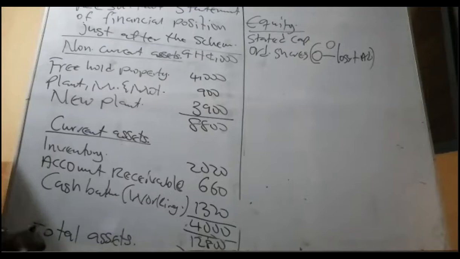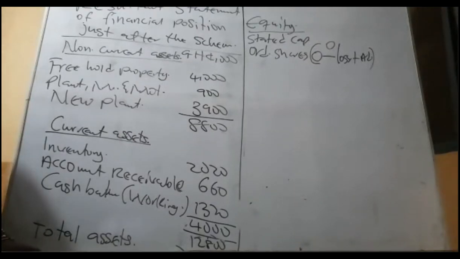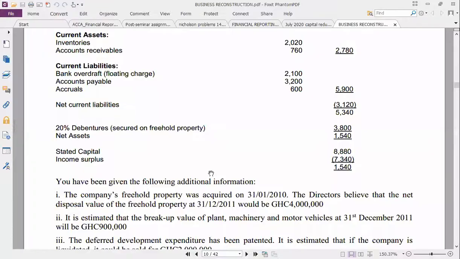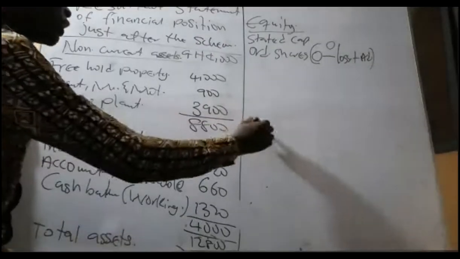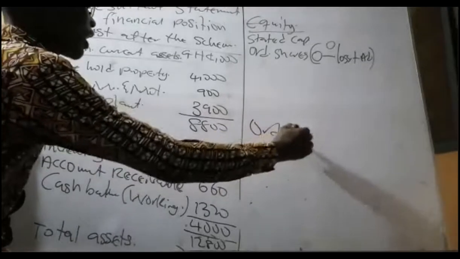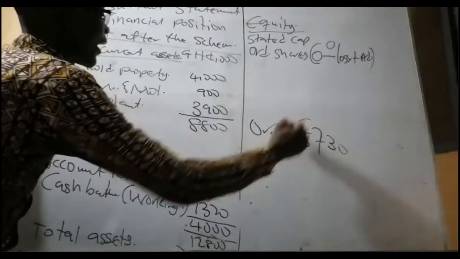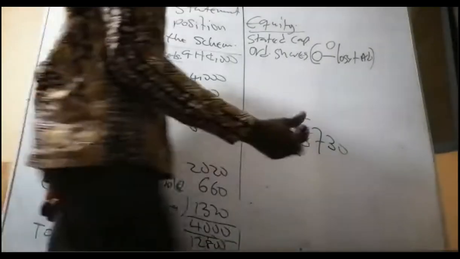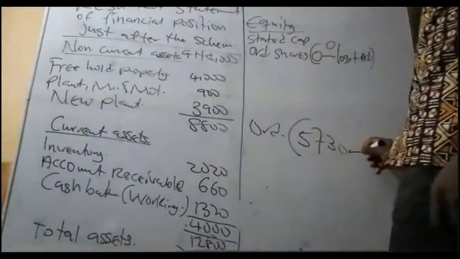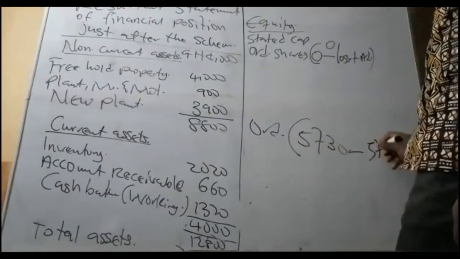Let's go to the question and pick their position before. It is in the last footnote, 5,730. How much are they losing? They are losing everything, so our subtract is 5,730.